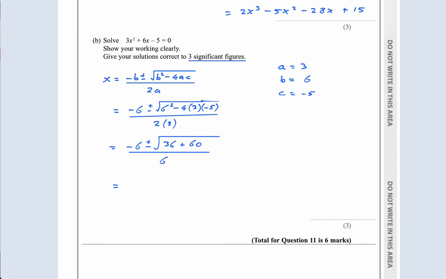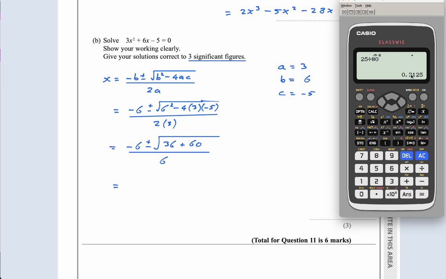There's going to be two answers: -6 plus this and -6 minus this. But you have to show this working. If you just write down your answers, you get 0 marks. So you have to show at least that much working.